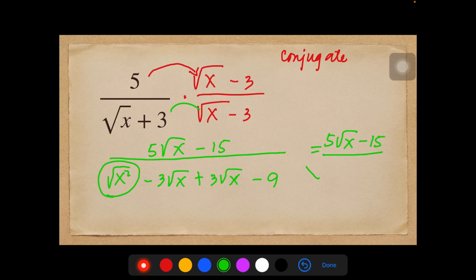May I just write it here? So we have x minus 9 because the two middle terms are cancelled. So there you go, my dear students in mathematics.